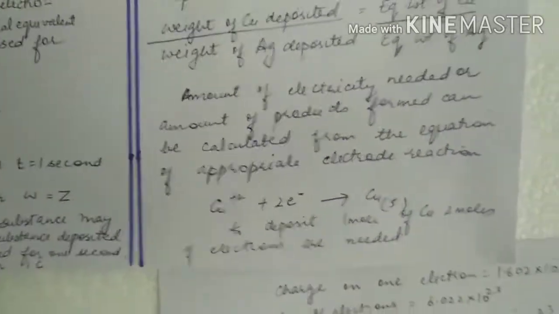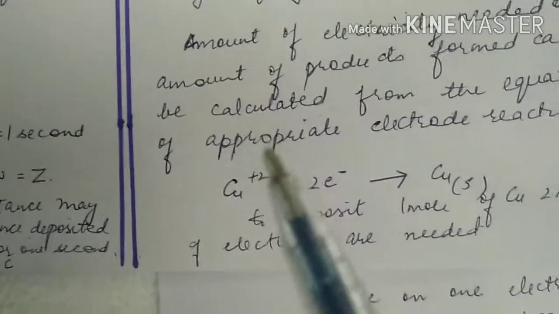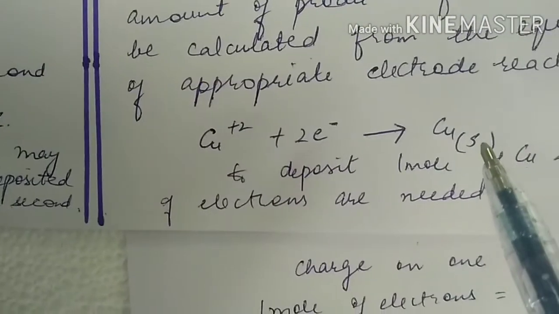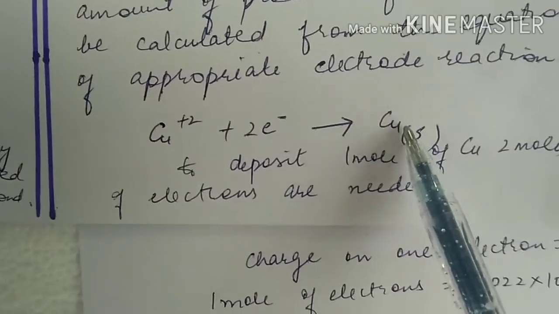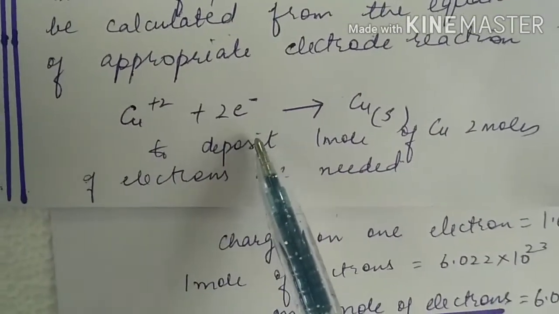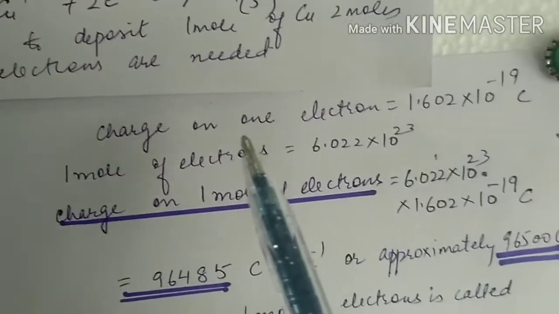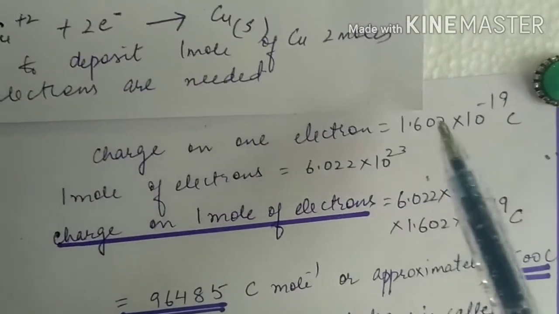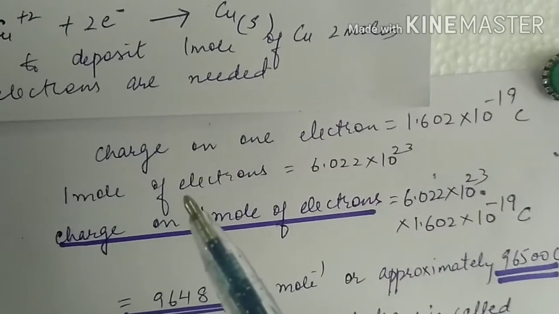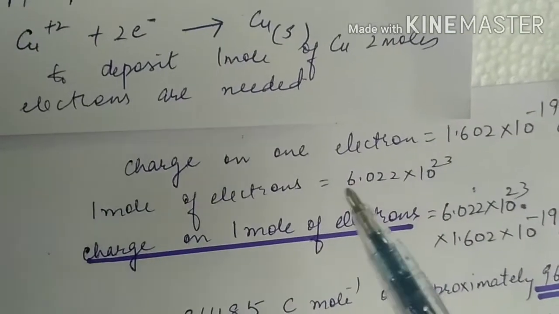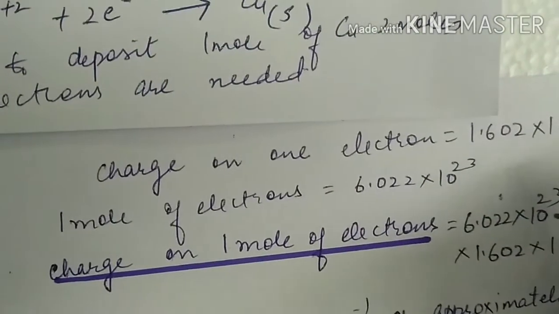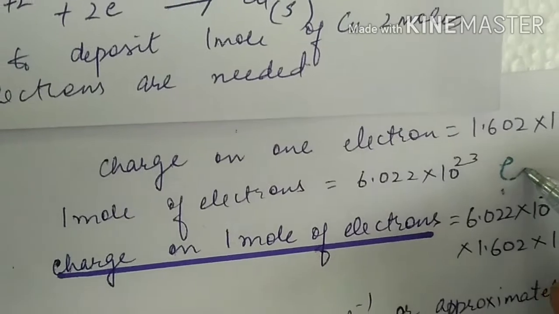The amount of electricity needed or amount of products formed can be calculated from the equation of appropriate electrode reaction. For example, if it is a copper electrode, then copper ions will take 2 electrons to form copper solid. So you can see that to deposit 1 mole of copper, 2 moles of electrons are needed. Now charge on 1 electron is 1.602 × 10^-19 coulombs, and 1 mole contains 6.022 × 10^23 electrons.